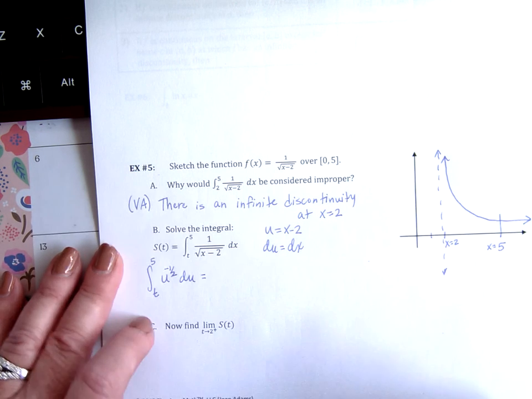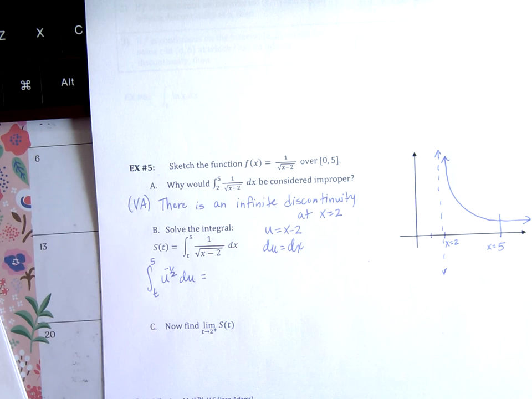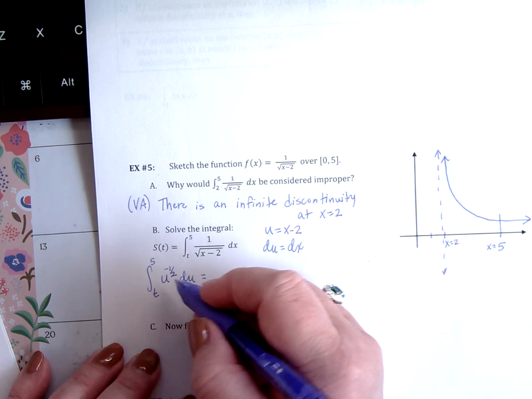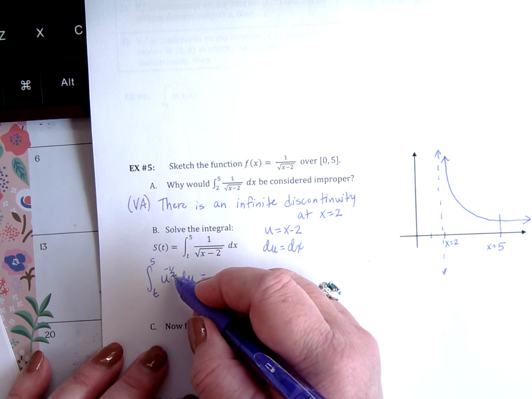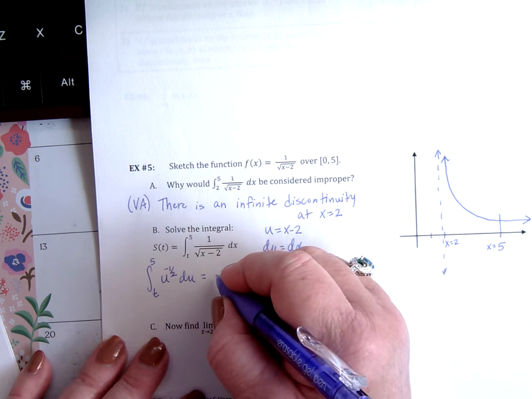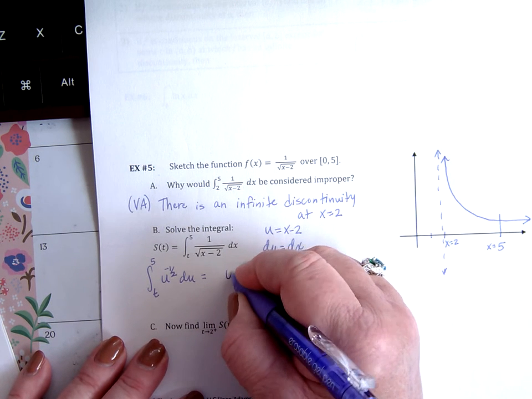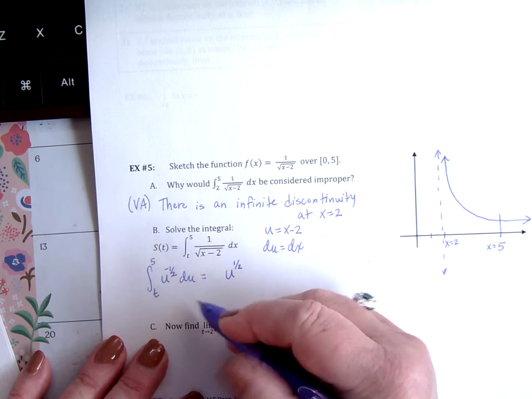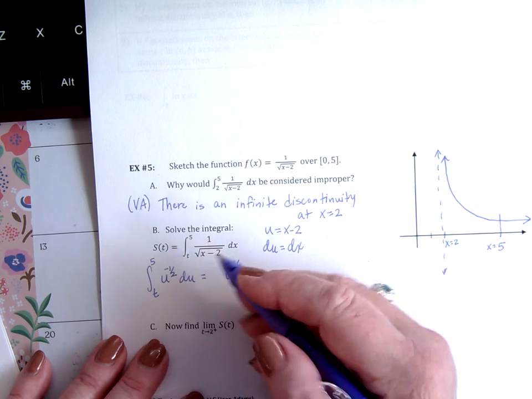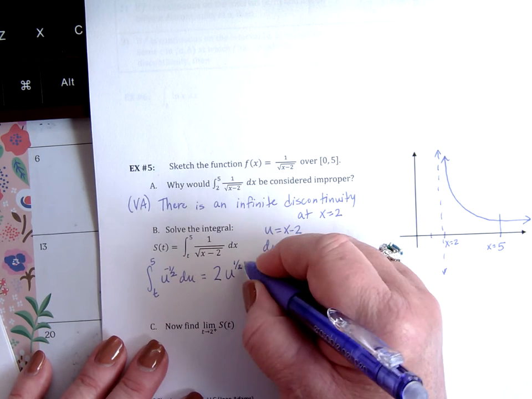All right, so I'm ready to integrate that. My power goes up by 1, and I divide by the new power. So if I go up by 1, now I am u to the 1/2, and if I'm divided by 1/2, I'm really multiplied by 2. That's going from t to 5.